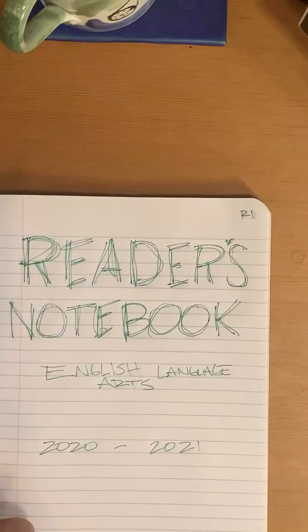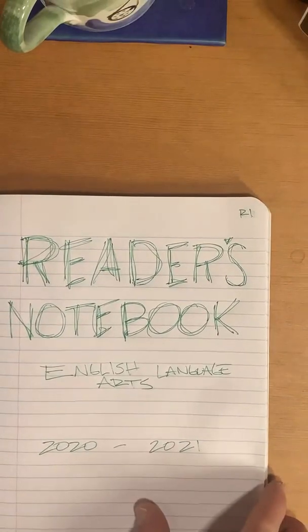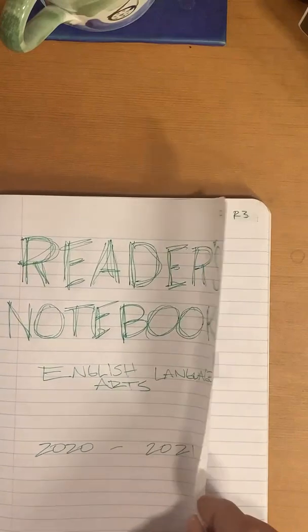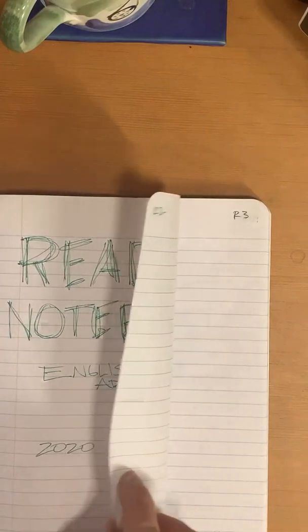A lot of our notes are going to span 2 pages. So the first page is R1. When I turn this page over, the second page is R2 and then R3, okay? So the key is that your even numbers are always going to be on the left side from the front. Your odd numbers are going to be on the right side.